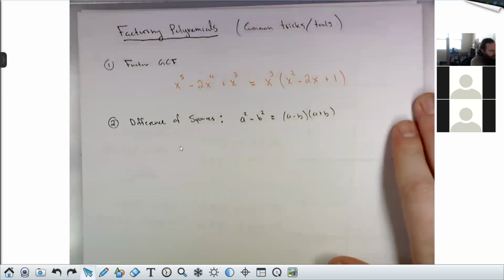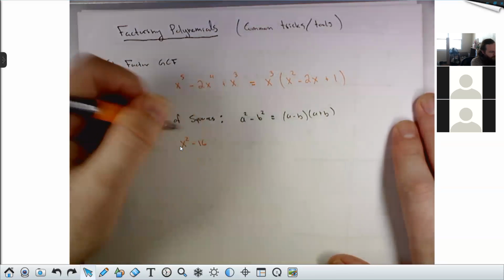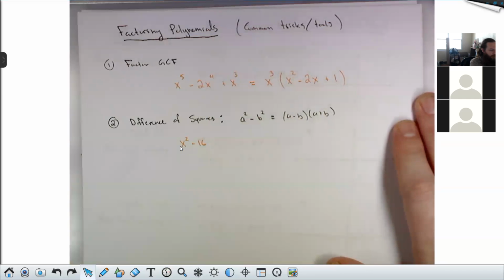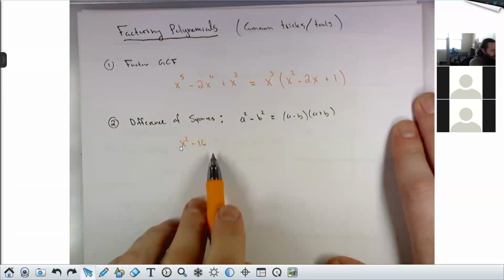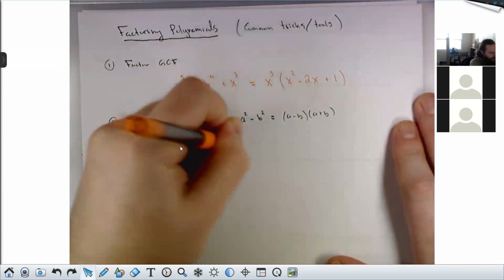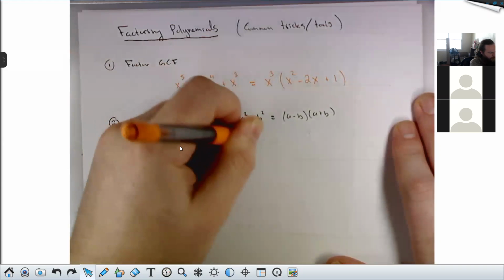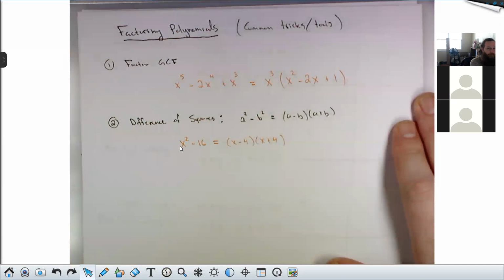So for example, I have something like x squared minus 16. Well, a is like x and b is like 4. 16 is like 4 squared. So I could factor this as x minus 4 times x plus 4.